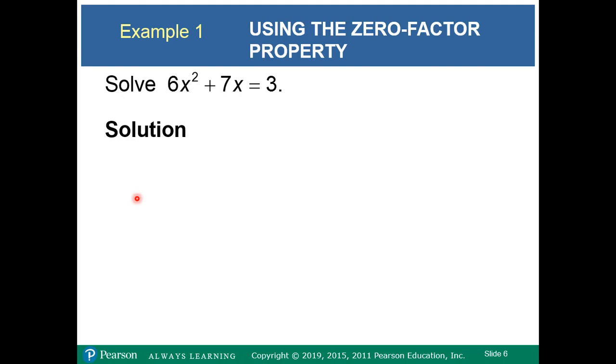Okay, so now let's use the zero factor property to solve this. This is where we have to factor, so this is where factoring polynomials comes into play. This is where factoring is very important to solving it. So the first thing we're going to do is write it in standard form.